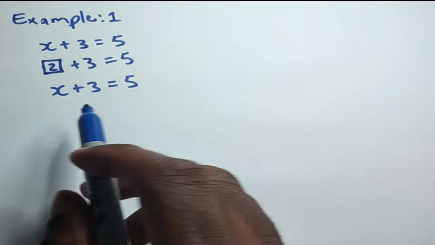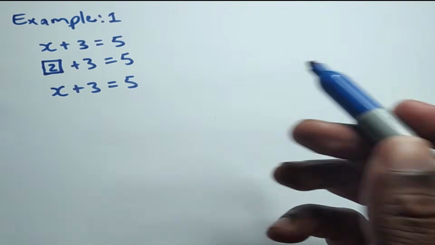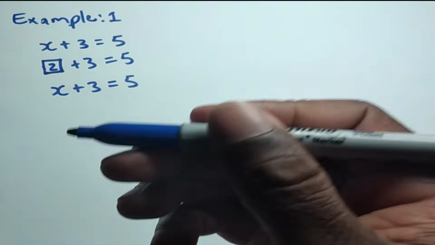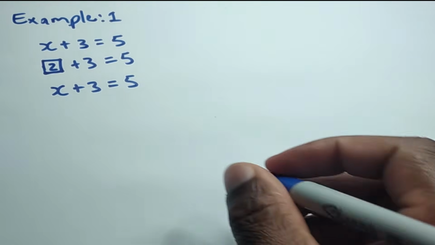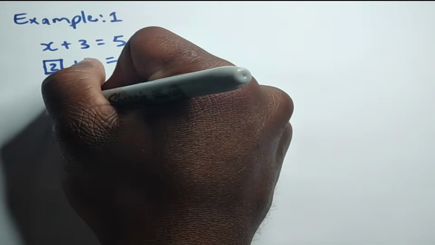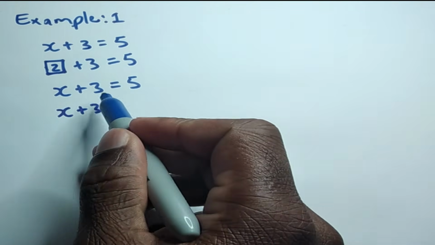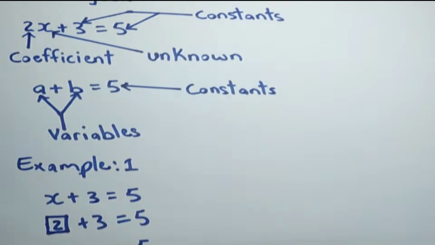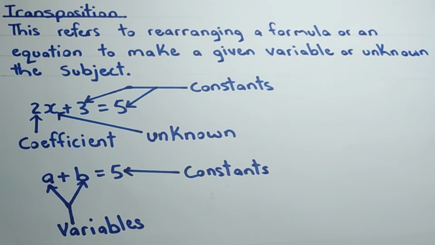So now in transposing this equation, and of course already you know that the answer is 2, but I'm going to outline the method. When you're transposing an equation, you simply do the opposite of the operation that is taking place. So here we have x plus 3. So the operation right here is addition. Now the key thing, just like the definition before, that outlined that what?